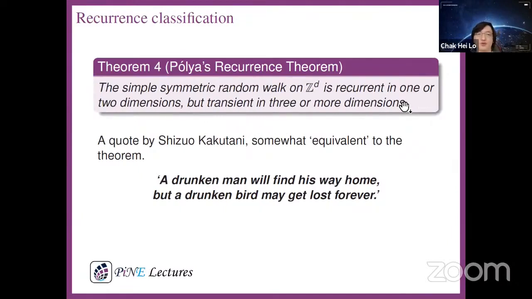There's a quote by the Japanese mathematician Shizuo Kakutani that captures the theorem in an easier sense: a drunken man will find his way home, but a drunken bird may get lost forever. A drunken man walks on a 2-dimensional plane, which is recurrent, so eventually he will go back to his starting point. The drunken bird flies in 3-dimensional space, so it is possible that it will never come back.